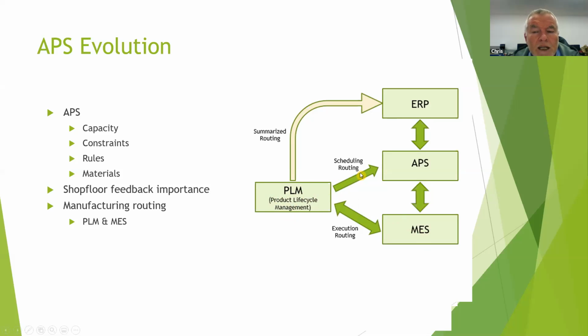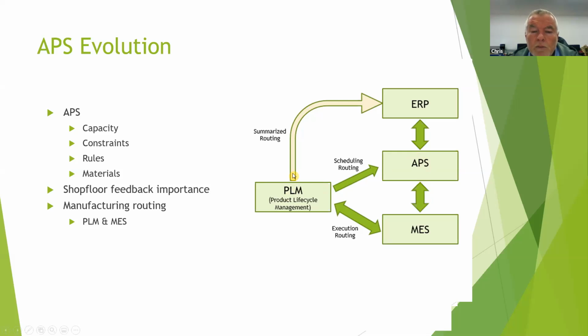So a lighter version goes into the schedule, but in here would now be all that missing information that isn't found in the ERP system: alternate routes, setup matrices, different run times, materials involved, attributes, and so on. So that would go into the APS.